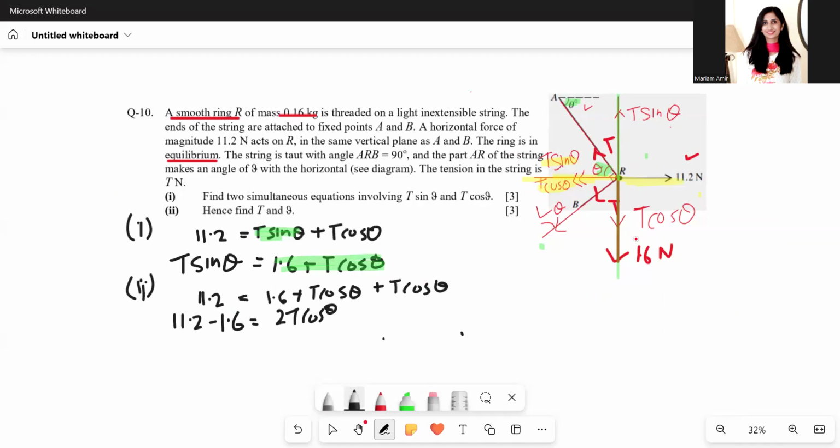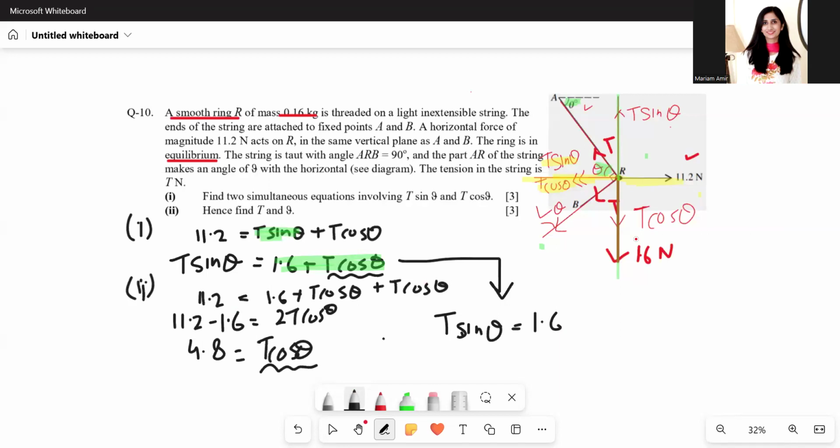Okay, so this is giving me 11.2 minus 1.6 divided by 2, 4.8, equals T cos theta. Now I'm going to try and make T sin theta the subject. T sin theta equals 1.6 plus T cos theta, which we just found to be 4.8. So T sin theta equals 6.4.